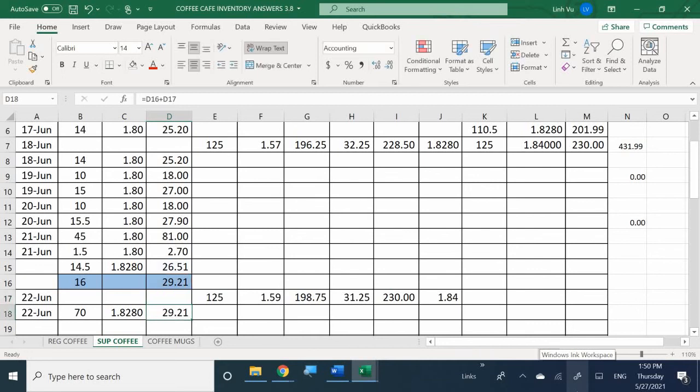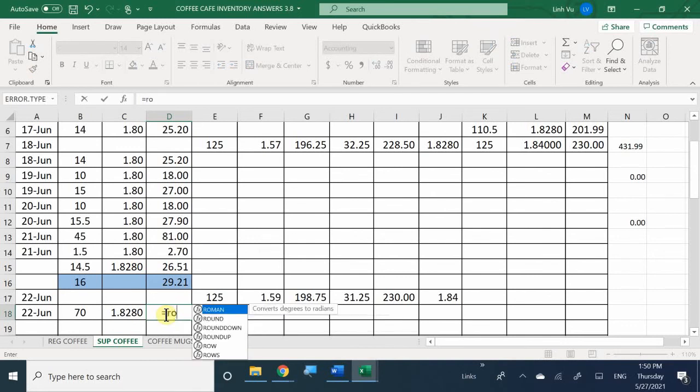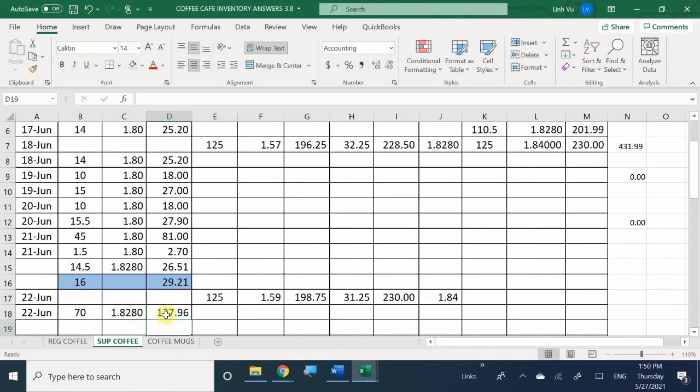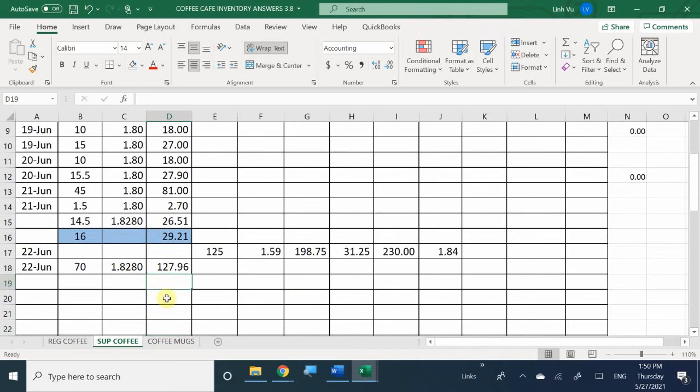Actually, let me redo this. Oh, my bad. I was looking at mine and I got 127.96. Yep, there you go. That's because the formula in here was adding these two numbers together. So it's 127.96. Okay, good.